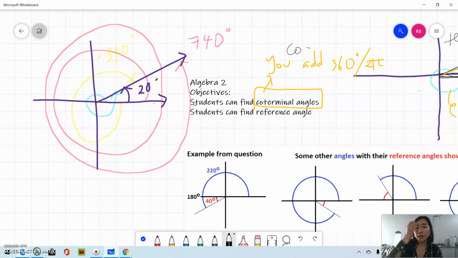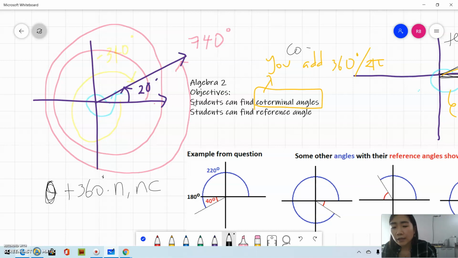So if the question asks you to write all possible coterminal angles, what you can do is this. The angle value that you're dealing with, the unknown angle theta, plus 360 degrees times n, where n is an integer. This is how you can write every possible coterminal angle.